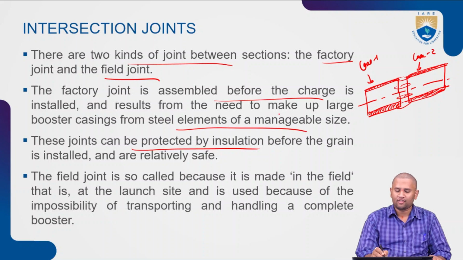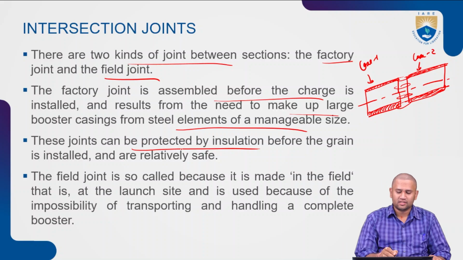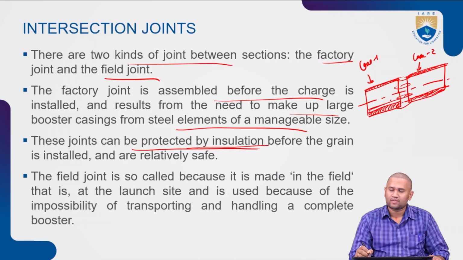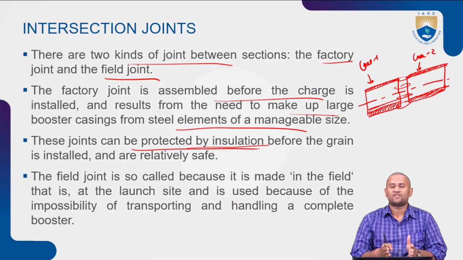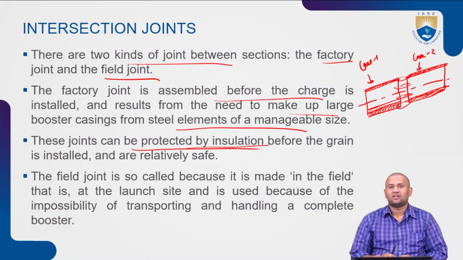This results from the need to make up large booster casings from steel elements of manageable size, and these joints are protected by insulation before the grain is installed. So, before the charge goes onto the casing, we join two separate sections of a solid rocket motor together and put up a layer of insulation, so that it is ready to install the charge right after it leaves the factory.